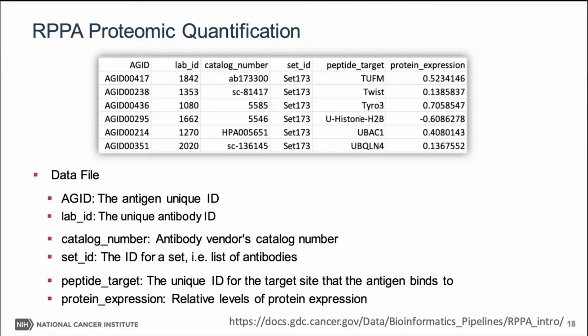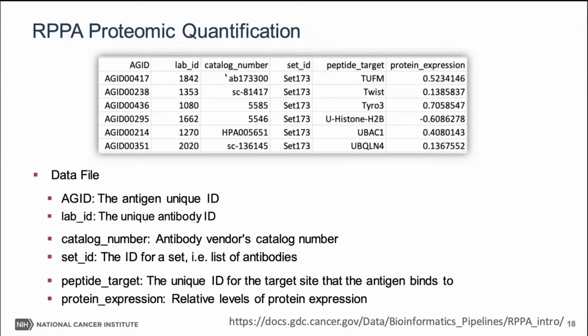For example, histone modified H2B gives a normalized expression of -0.6. And for some of the other proteins, like Twist, it gives a normalized expression. Those normalized expressions can be used to do comparison across different samples.